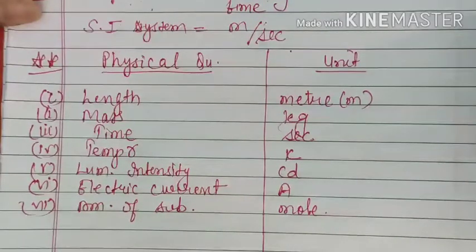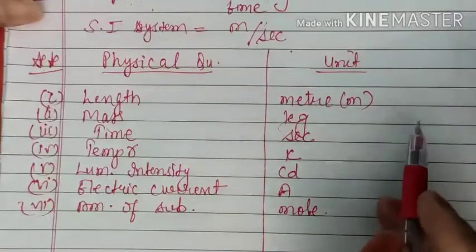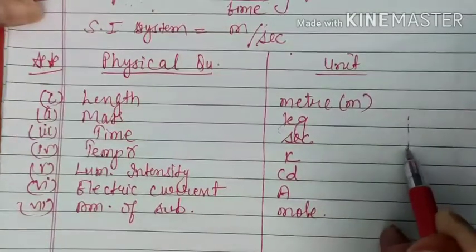Intensities are defined with respect to the type of energy in the quantity being defined. Right now we will not go very deep, but superficially we will see what intensity is. Intensity is power per unit area. If you are talking about light, you say how much light energy is falling.